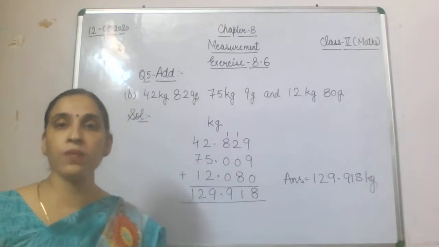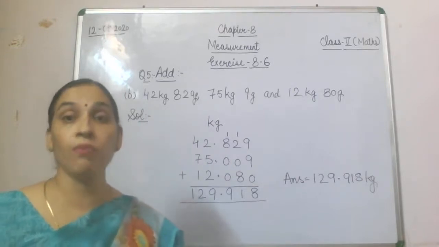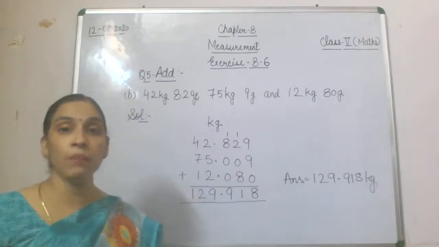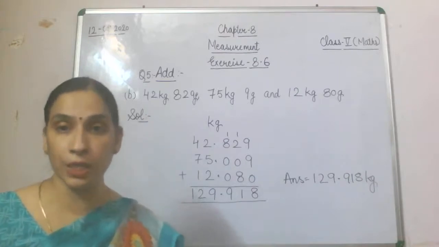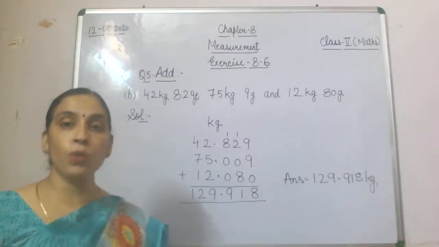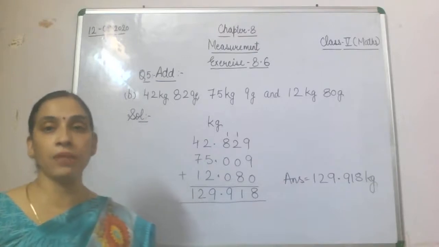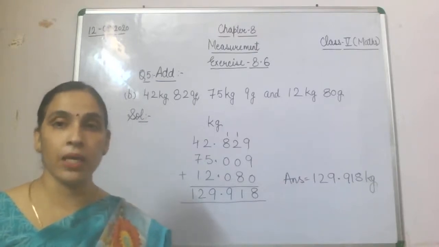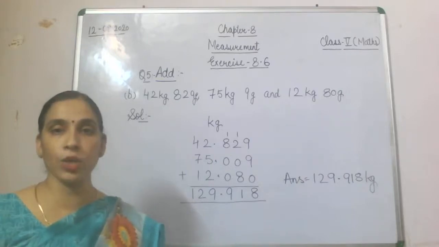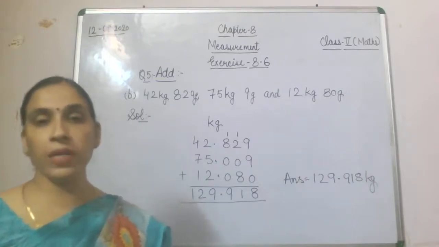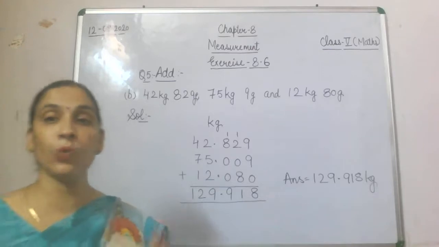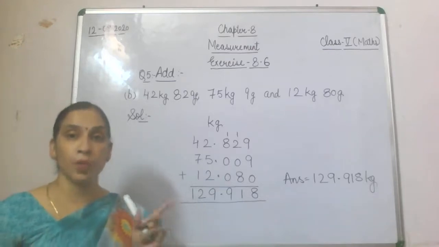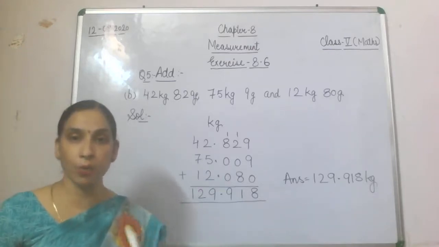So today children, we have done conversion of a bigger unit into smaller. After that we have done addition. Tomorrow we are going to start with a basic fundamental operation, that is subtraction, and we'll do multiplication also. Today we have done examples related to addition also from your book related to exercise 8.6.